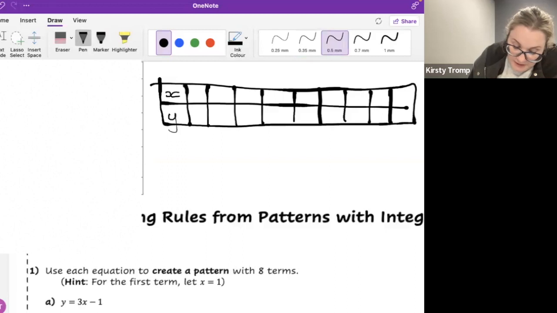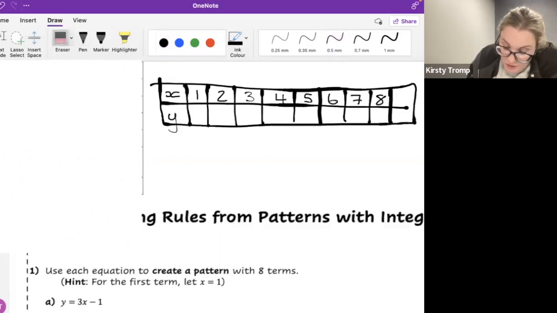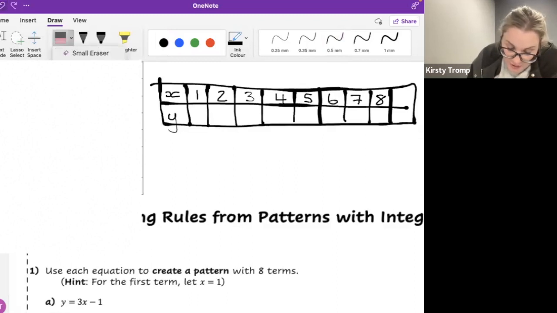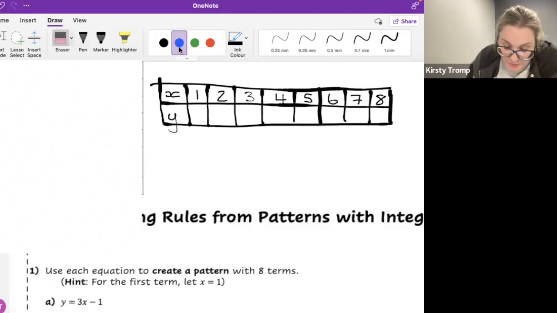They told me, hint, for the first term, let x equal 1. So I'm going to say x equals 1, then 2, 3, 4, 5, 6, 7, 8. They only wanted 8 terms, so that's how big I'm going to go.